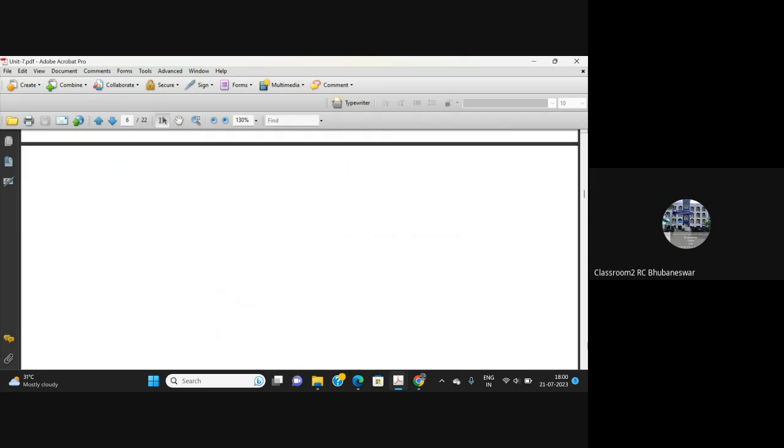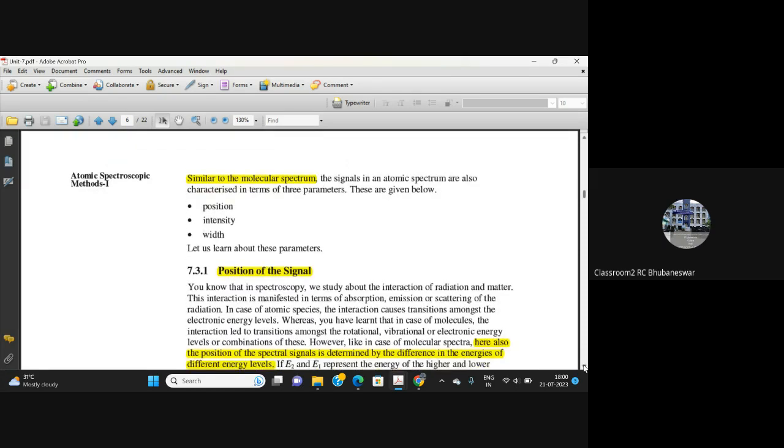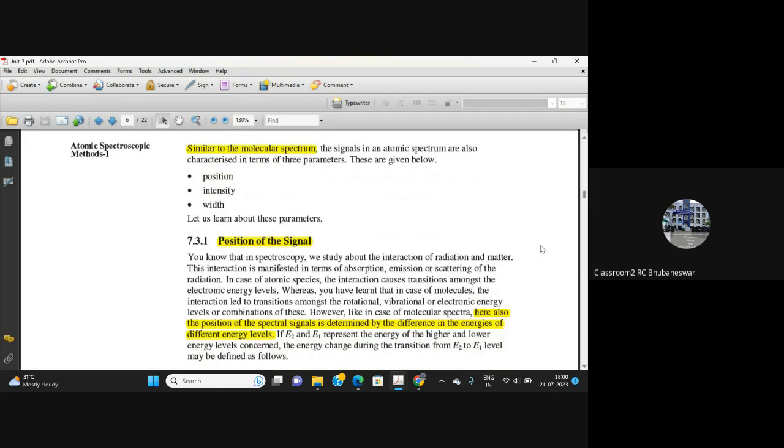So similar to the molecular spectrum, you are getting a signal. That signal has a certain position, a certain intensity, and a certain width. So what you are doing? In last classes we discussed that the band has a certain position, width or intensity. Depending on that, we use it for application-oriented work like quantitative or qualitative analysis.